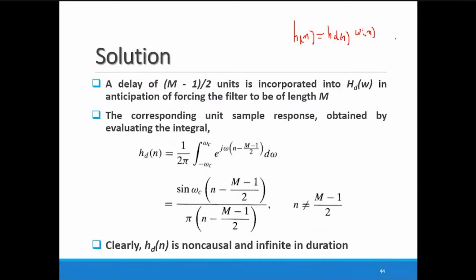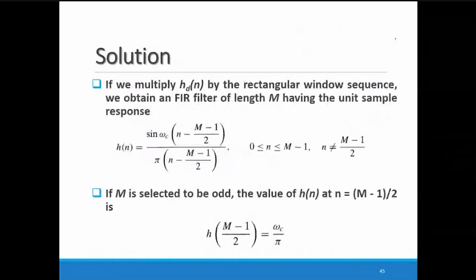So here if we multiply h_d(n) by the rectangular window sequence, for example, we obtain an FIR filter of length M having the unit sample response. As we have discussed, this rectangular window function has value 1 from 0 to M minus 1, and for the rest the value is 0.